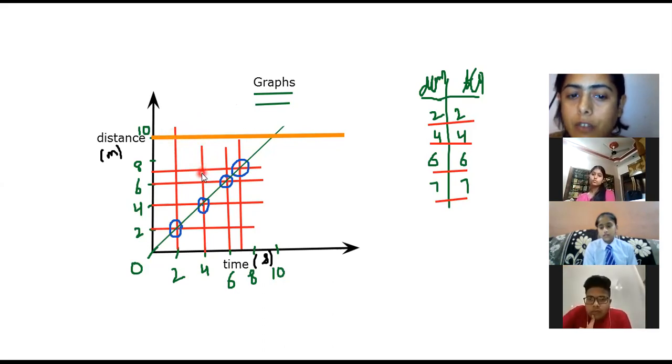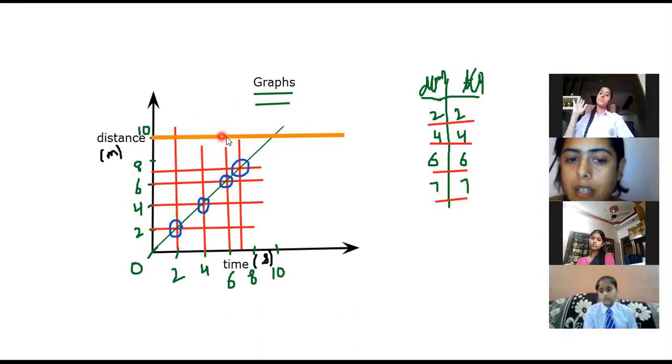When the time is 4 seconds, the distance is 10 meter. When the time is 6 seconds, the distance is 10 meter. It means the distance is neither increasing nor decreasing. It means the object is in the state of rest.